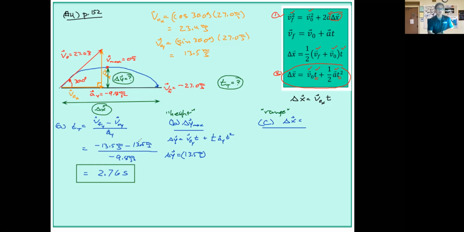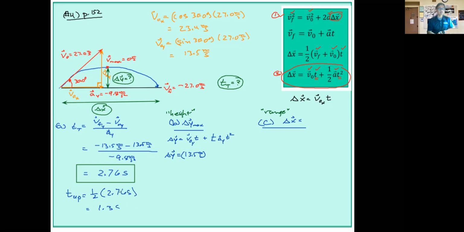We're not plugging in 2.76, because remember, this is the time it takes to go up and then come back down. To get this vertical height right here, we just need to know the time it takes to go up. And the time it takes to go up, remember, is half the time. So let's come right to this. It's going to be half the amount of time it takes to make the total trip, which means this is going to be 1.38.